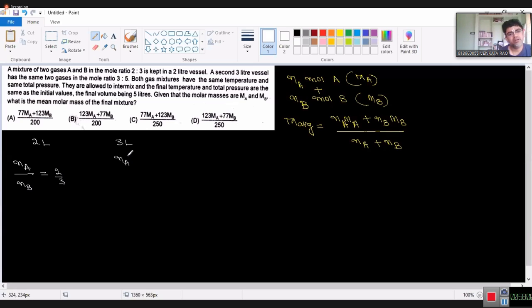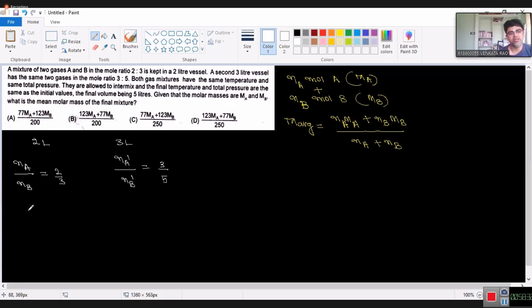In the second one, number of moles of A by number of moles of B is equal to 3/5. Both gas mixtures have the same temperature and same total pressure.